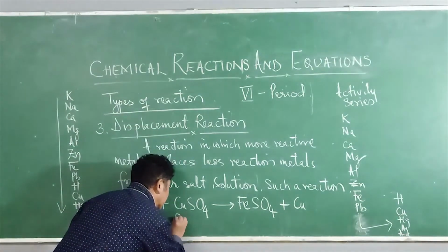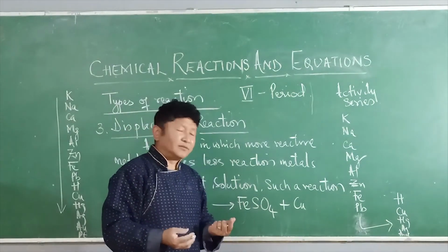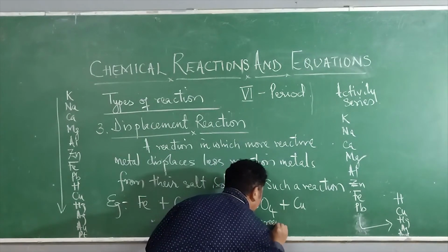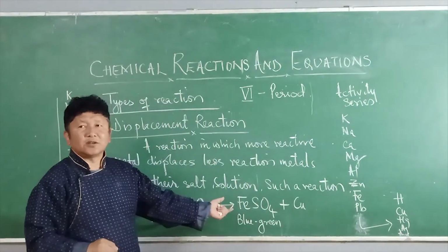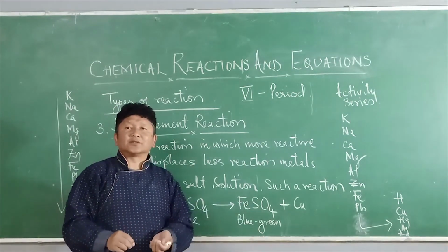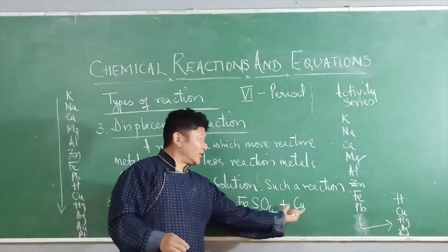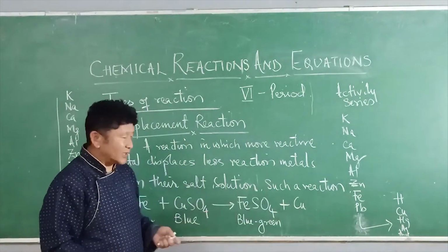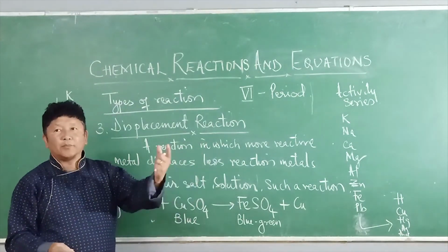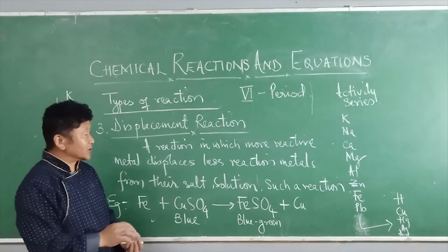Copper sulfate solution is blue, and iron sulfate solution is blue-green, a greenish solution. So due to the change of color, and due to the deposition of copper, you can say that the reaction is taking place. So iron is more reactive than copper. It displaces copper from a copper sulfate solution. Such a reaction is called a displacement reaction.